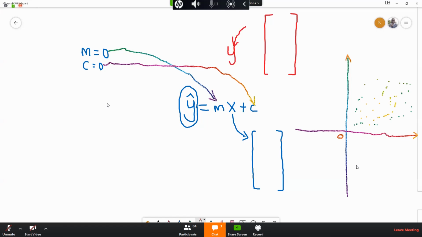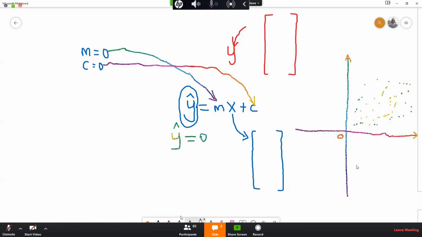So here is the thing that happens when you start. When you plug these in, the first predicted value of y, the first y hat, will be equal to 0. This is iteration 1.